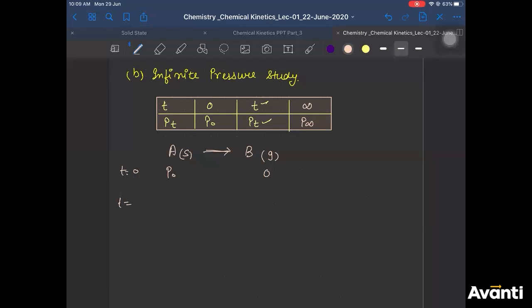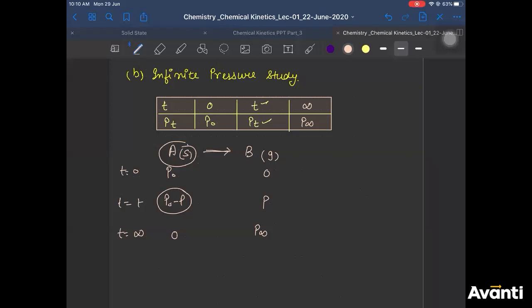At time T you'll have P naught minus P. Actually, you'll not have pressure because it is solid, but even if you take gas, it will not matter. So you get P here, correct? And then at infinite time, this will be approximately 0, and this will become almost P infinity.